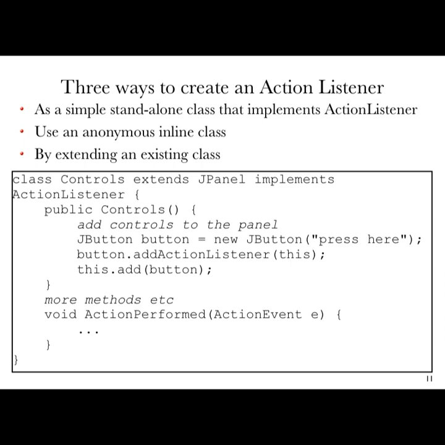So we've got the panel, a region of the screen which would probably be associated with a frame, with a window. We're going to add that graphically to the screen, to the panel, as a graphical component.